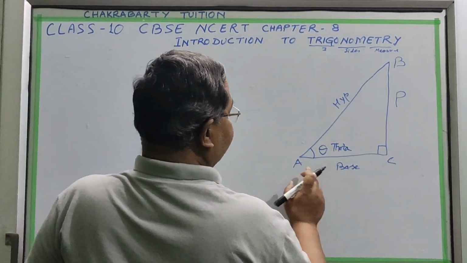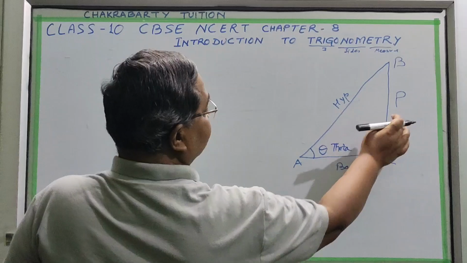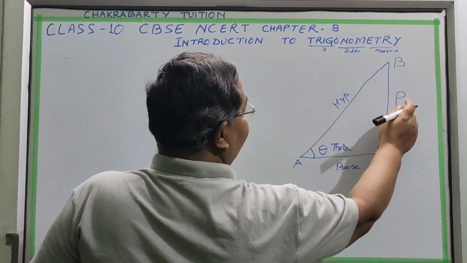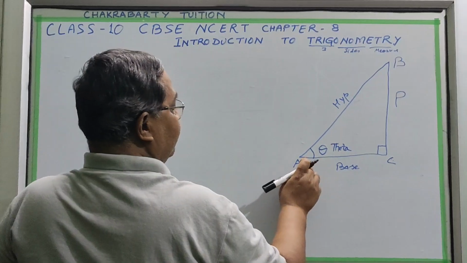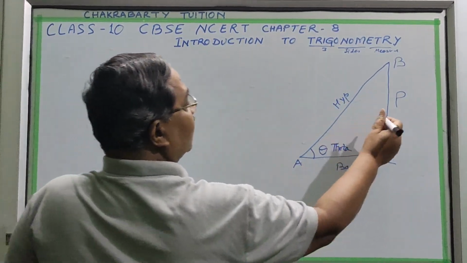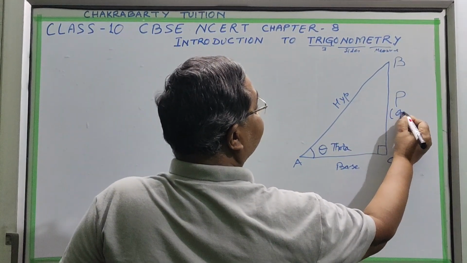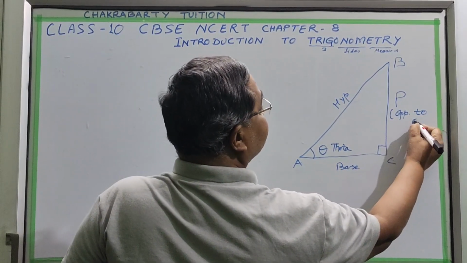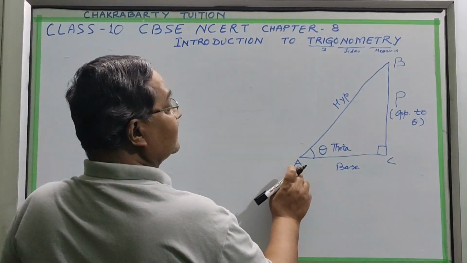If for this angle we are discussing, then this perpendicular is the line opposite to theta, or opposite to some angle.